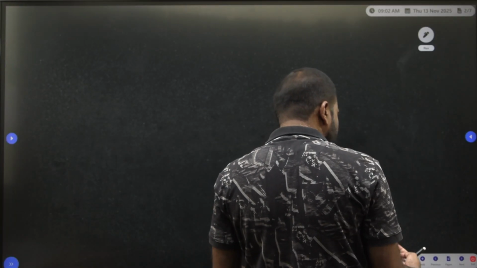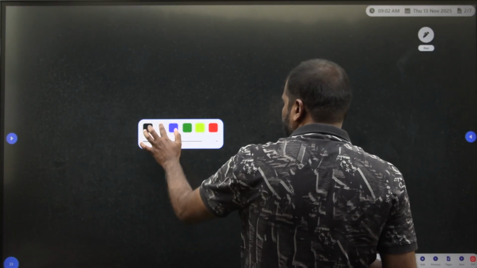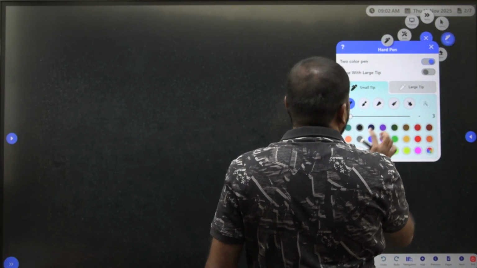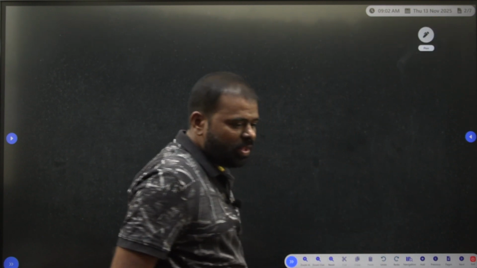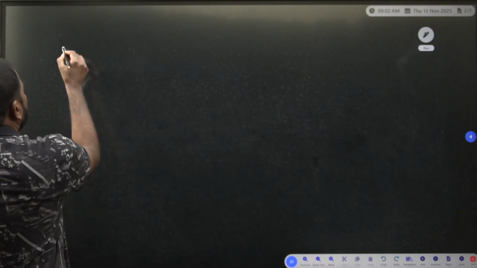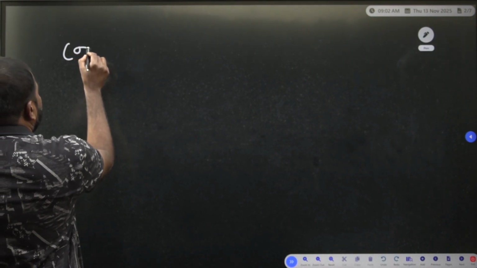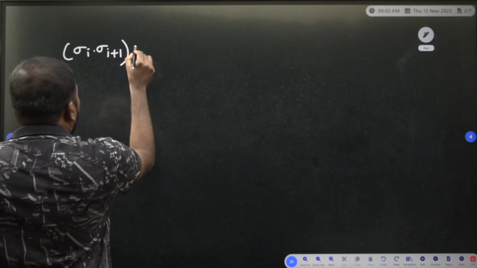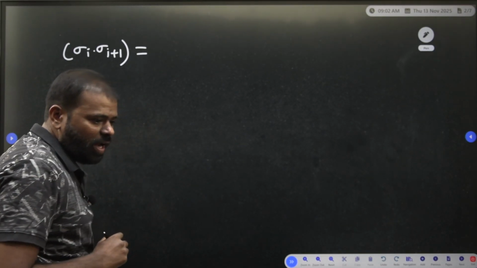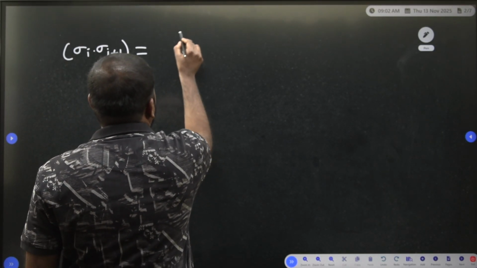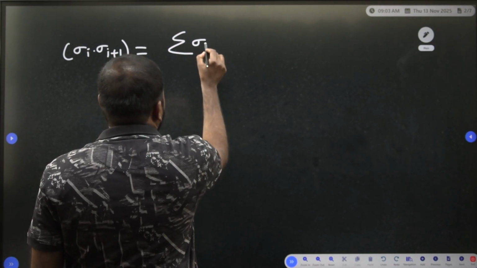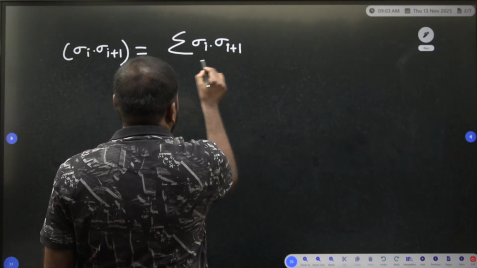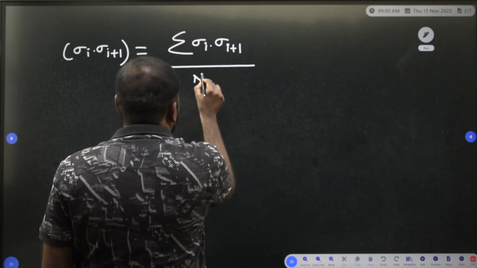We have to follow this procedure, and it is very important for solving this problem. First we take the correlation function between the nearest neighboring spins, sigma i into sigma i plus 1, which equals the summation of sigma i sigma i plus 1 divided by n minus 1.